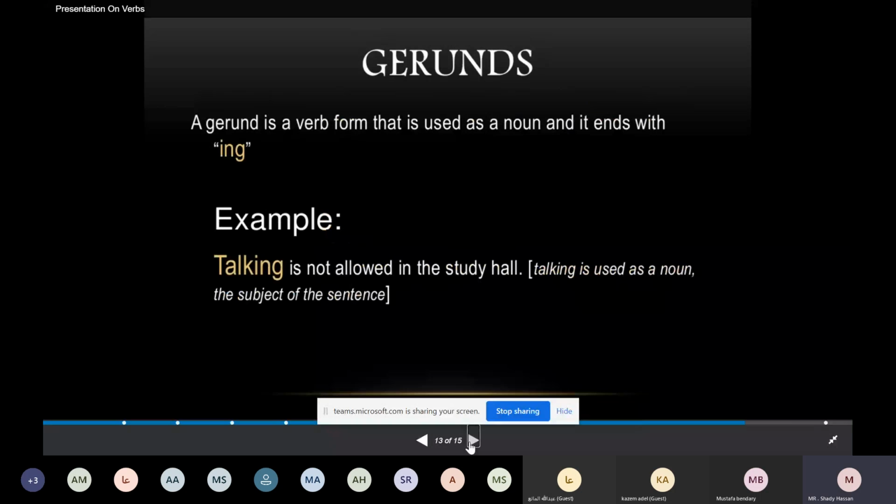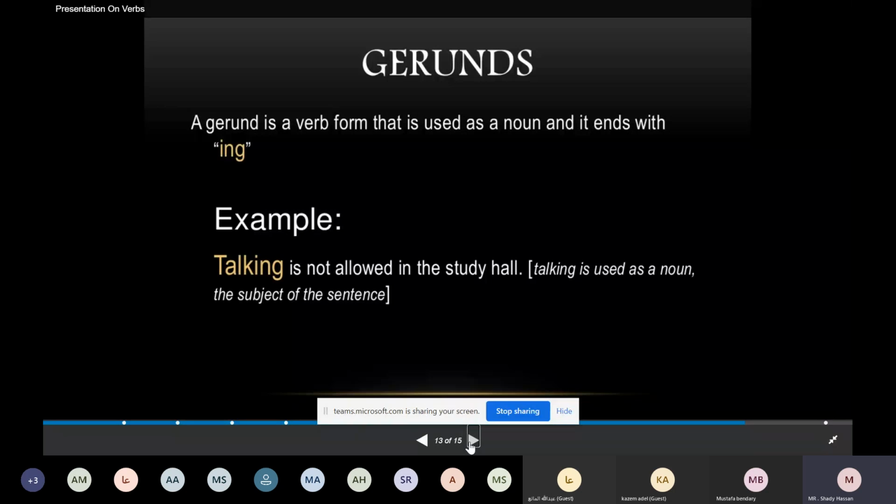So simply, as I told you, the difference between the finite verb and the non-finite verb is the subject. Is it clear? If you know the subject, so we've got a finite verb. If you don't have the subject or don't know who is the subject of this verb, so this verb is non-finite or infinite.